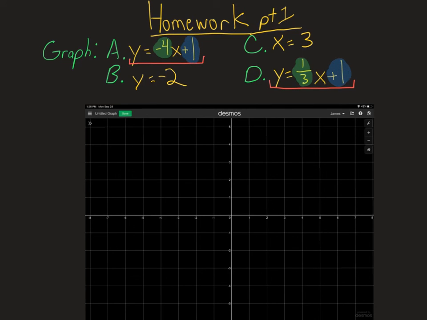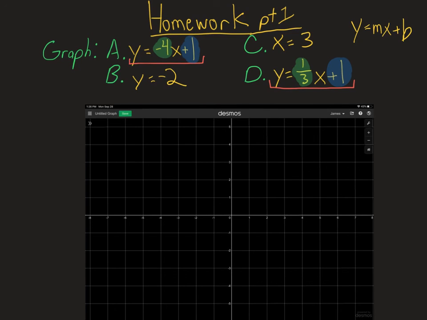Okay, they got the two pieces to graph a normal line. So you would graph those just like you always do in that y equals mx plus b format, okay, that we've been practicing.